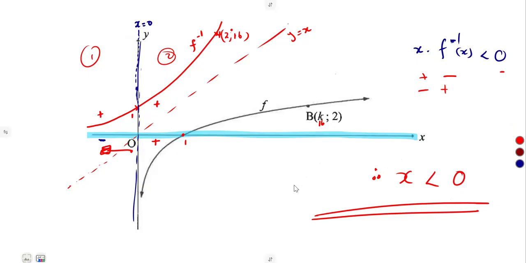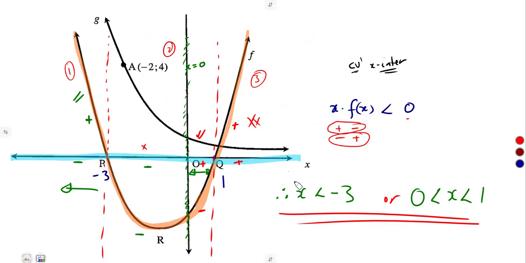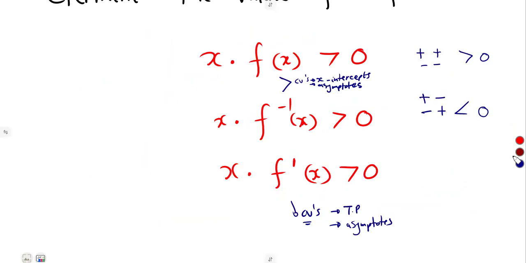Where do we have x being positive? Where do we have x being negative? So meaning to say, our y-axis, or the line x is equal to 0, is very, very important. It is going to be part of the critical values in our consideration. For the x values, the y-axis is very important because there x is equal to 0.